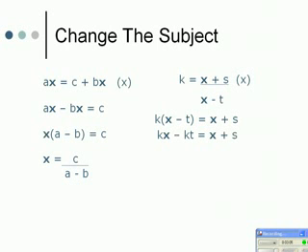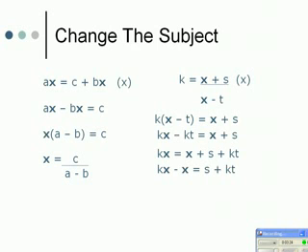And then I can simply expand the bracket out and then remove the kt from the left hand side and place the x from the right onto the left. So the plus x will become minus x.